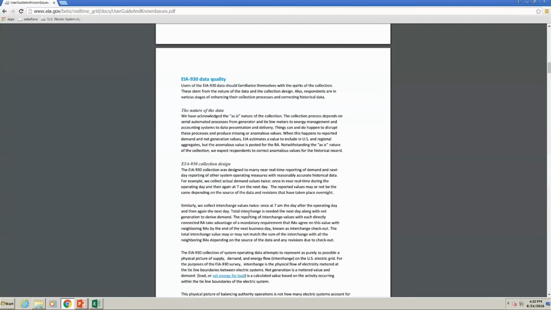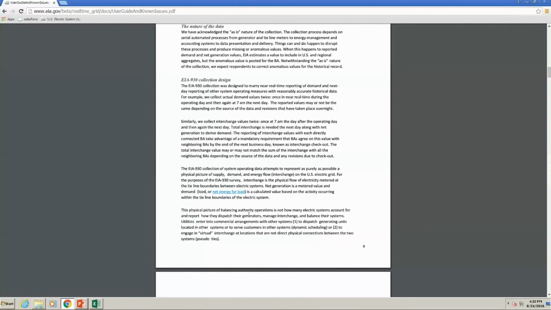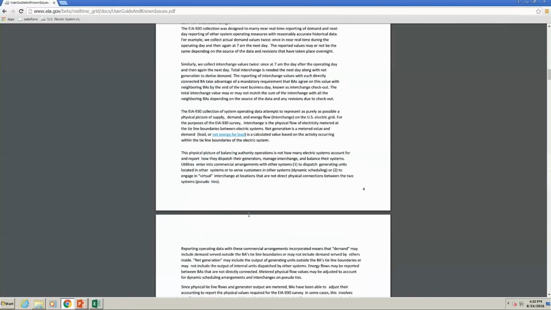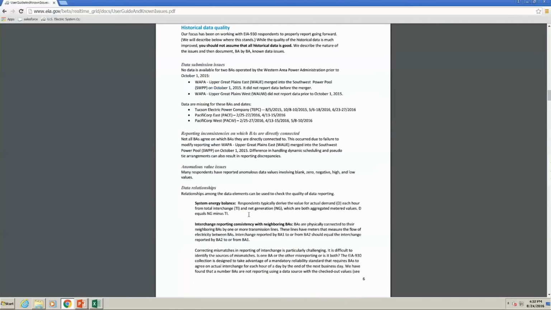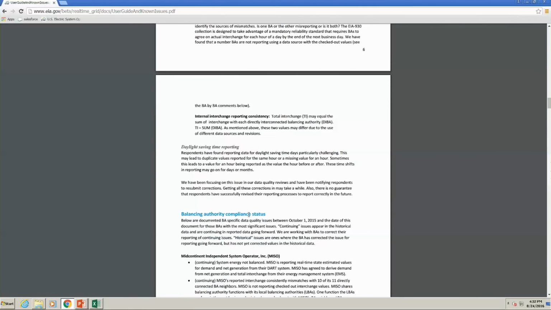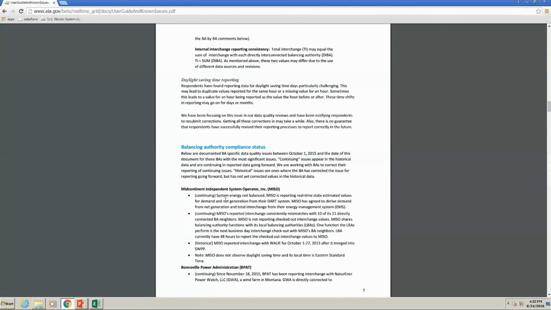We have a discussion here about the nature of some of the data quality issues that we're dealing with in general. And then we have a listing down here of specific issues for the balancing authorities. So if you're planning to use this data to do something, you probably want to look at this document before you do that.